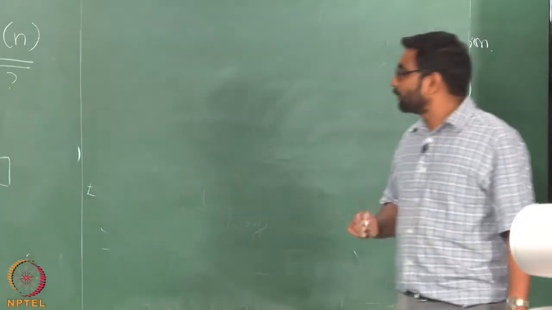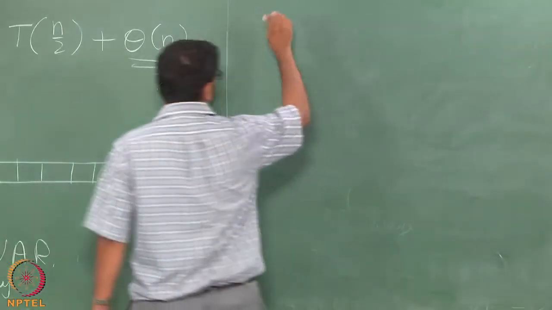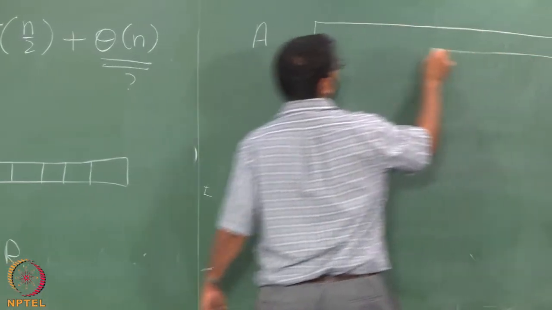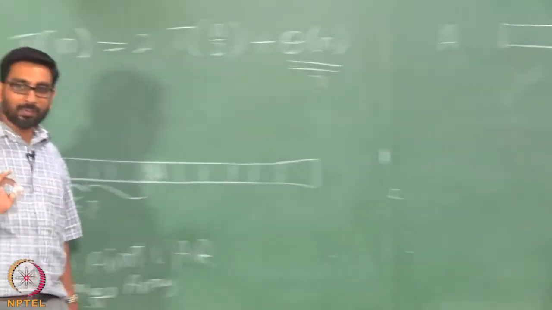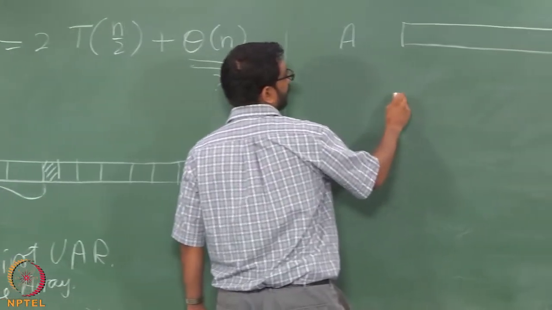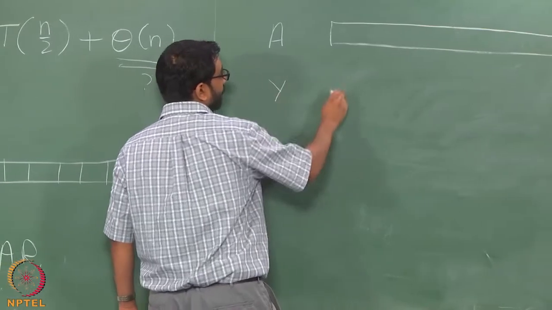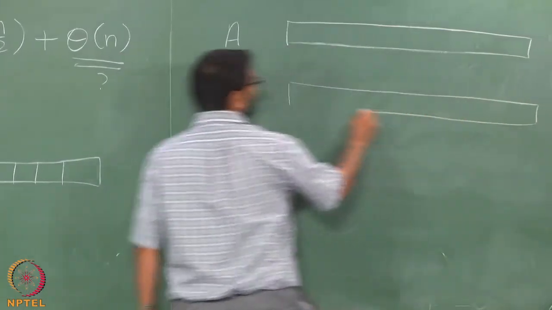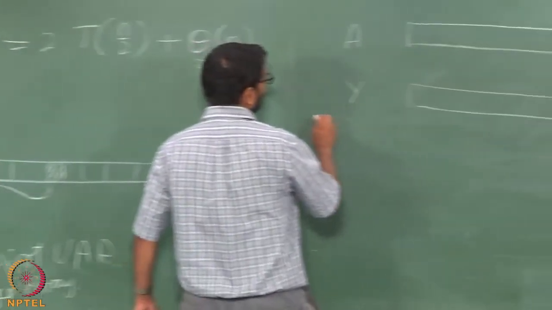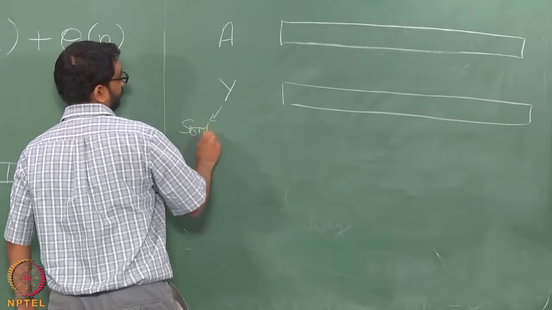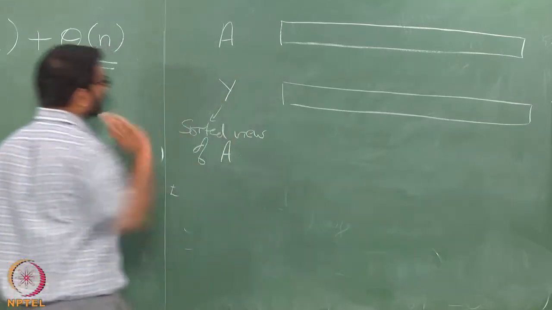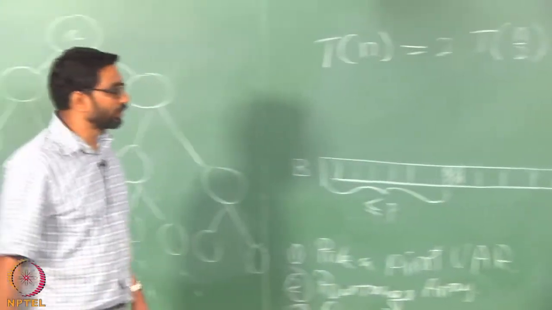Remember our input array is this array A. For the purpose of analysis, let's consider an array, let's call it Y. Y is nothing but the sorted view of A, basically array A already sorted.